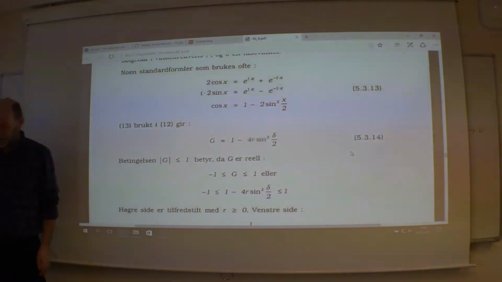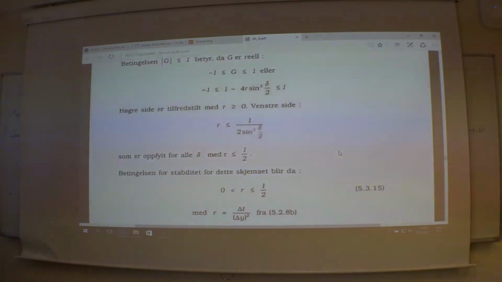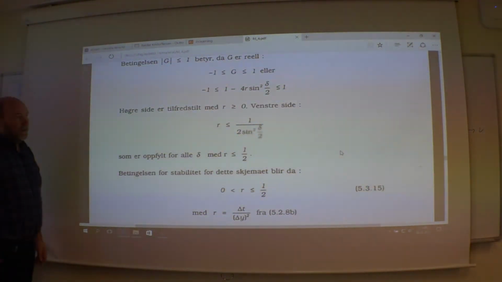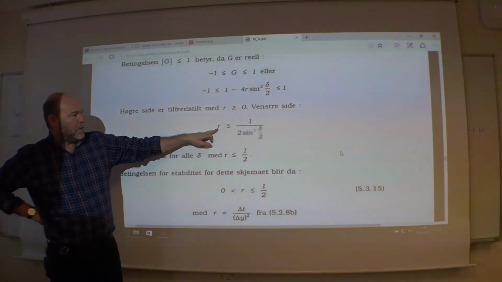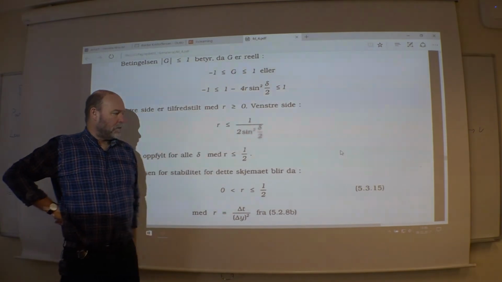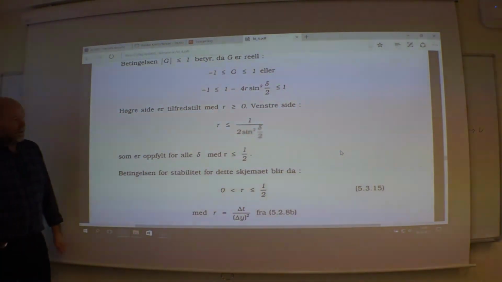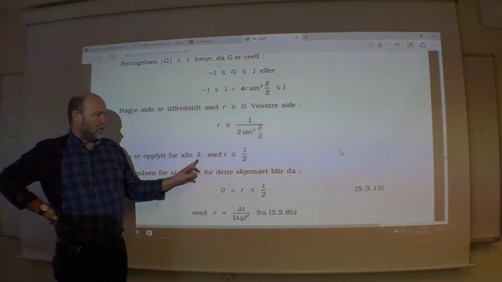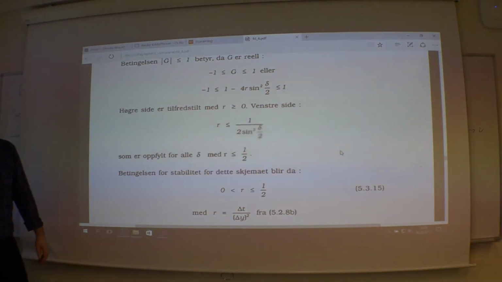Your g has to be smaller than 1, which implies this R, that was delta t over delta x squared, has to be smaller than this expression here in general, and it will be fulfilled for any deltas here, as long as, no, that should be quite okay.